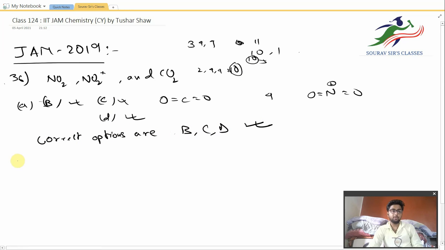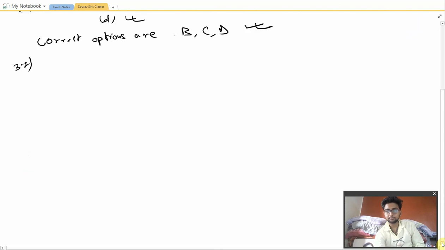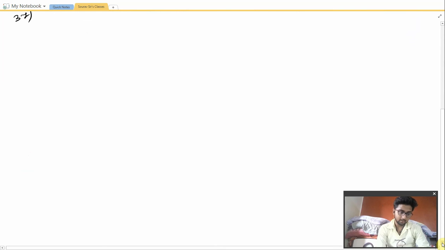Moving on to the next question, question number 37. The compounds formed as intermediates in the following reaction sequence are. Five sets of reagents are given, so we will first write down the whole mechanism and the product of the reaction that is going on.